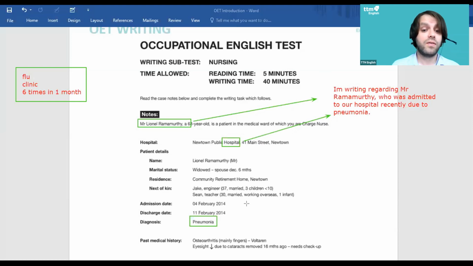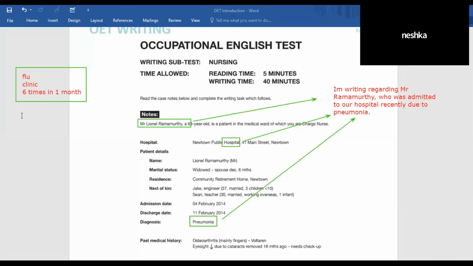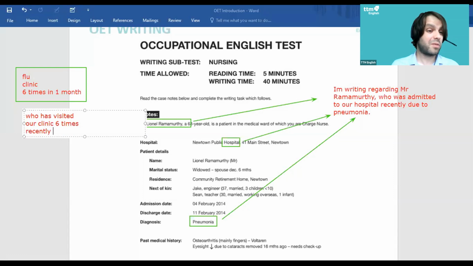You could say who has visited our clinic six times recently, due to flu, or having flu, or experiencing flu. I think having, or just due to flu.